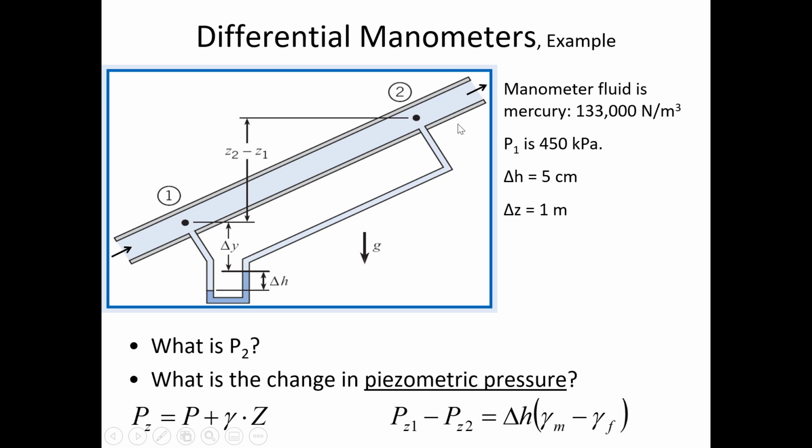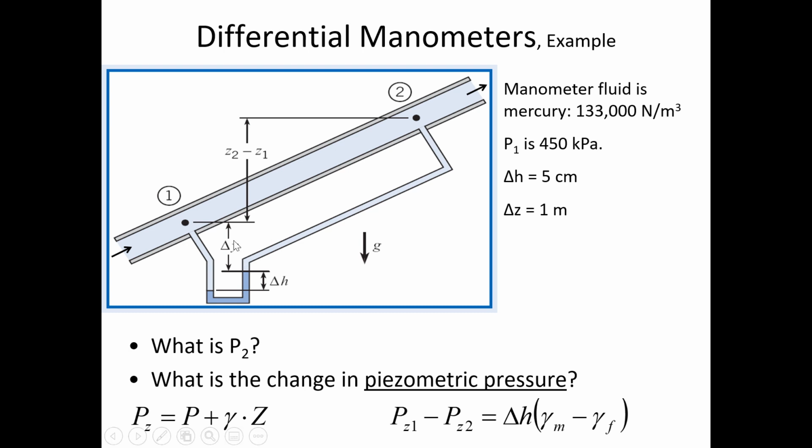Right? 2 is a higher elevation, 1 is a lower elevation. So when the valve is closed, whether you go to 1 through the pipe or through the manometer tube, the rate of pressure change is the same. You're going downward through the same fluid. So there's no reason why there would be a delta H, a deflection, if the fluid wasn't flowing.